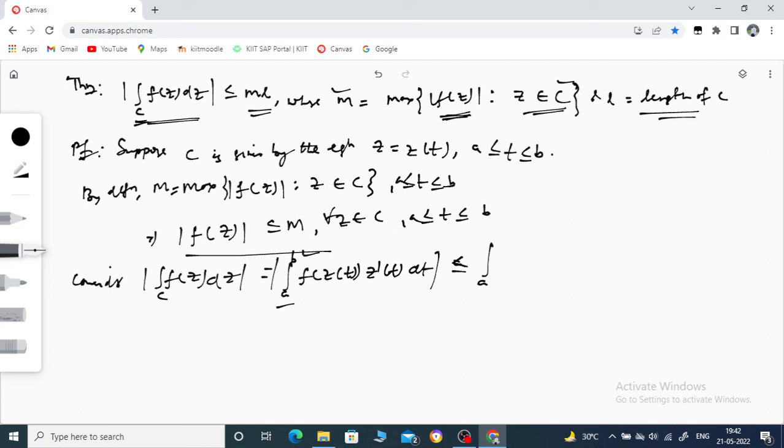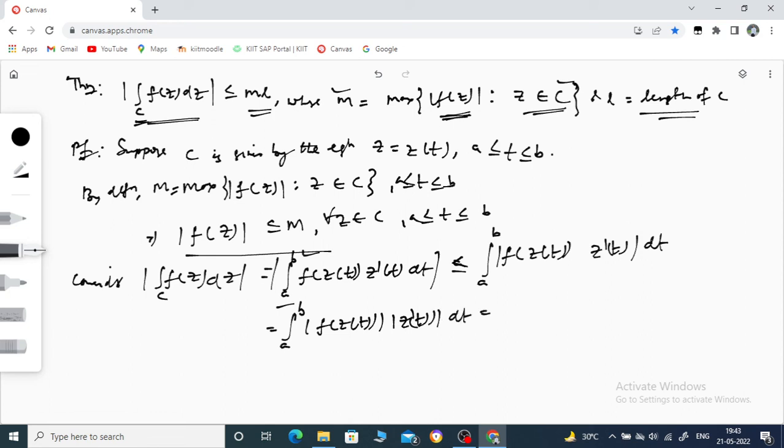Then the less than or equal to symbol will be here, so this is less than or equal to the integration from a to b of modulus f of z of t, then z dash t, whole modulus dt. Then you can take their individual modulus. This will equal the integration from a to b of mod f of z of t, then mod z dash t dt.